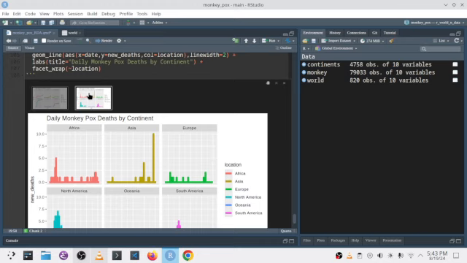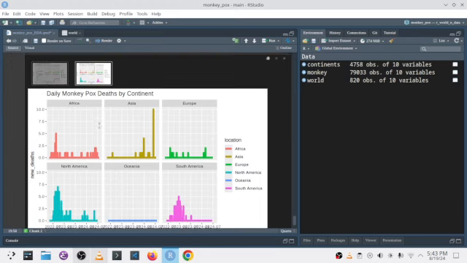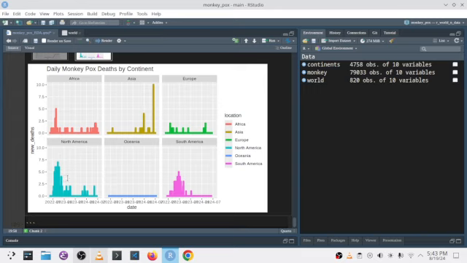Let's look at daily cases. Okay? Again, North America has the most total cases, but not since the second half of 2023. No one has had a lot of deaths from 2023 onward, which I find kind of interesting.